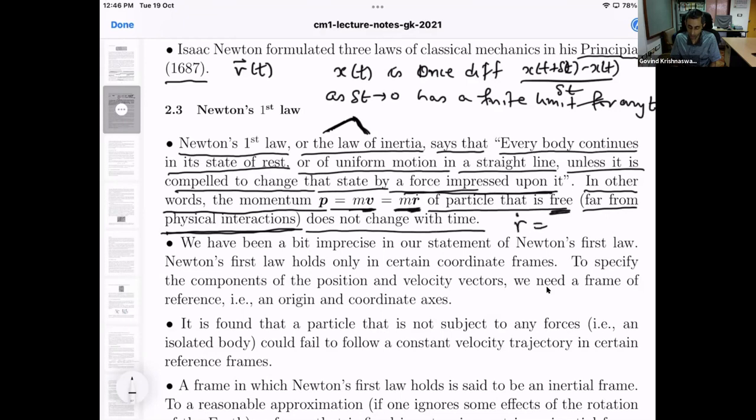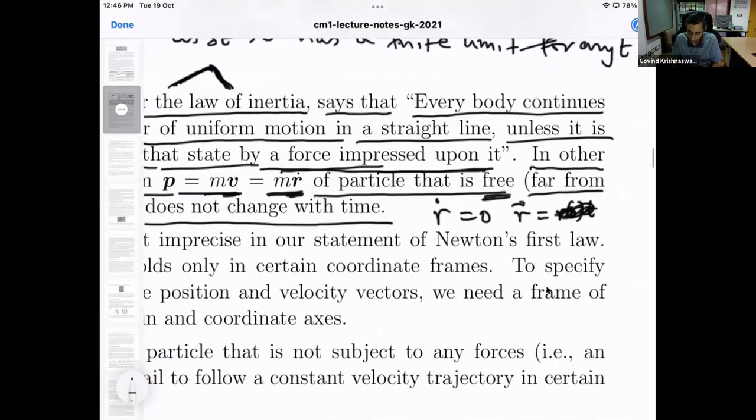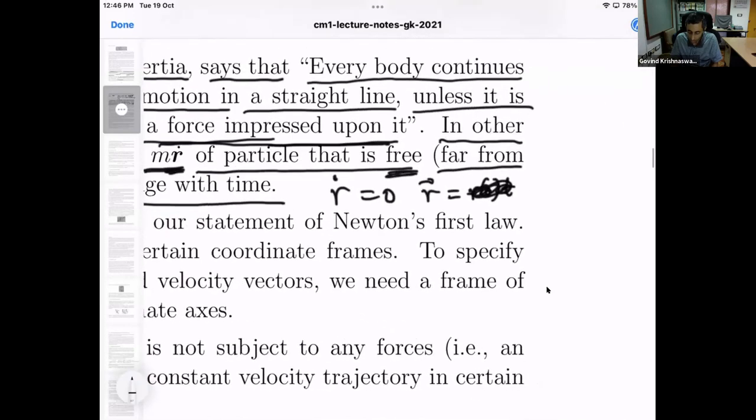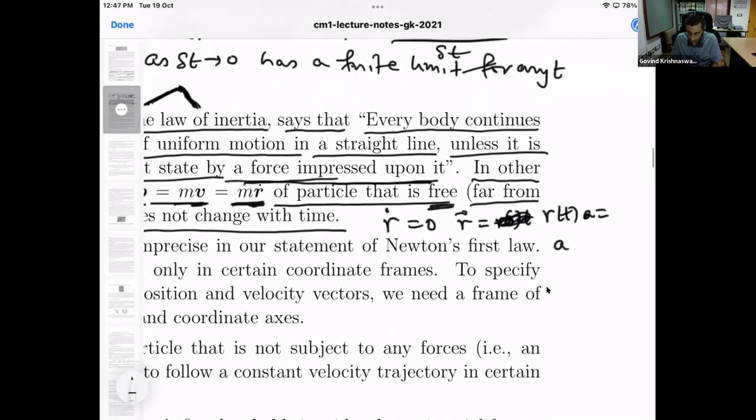And the solution of that equation is r of t is some vector a t plus b.